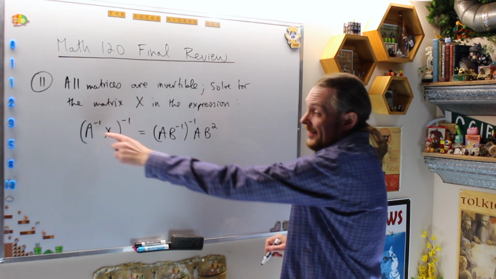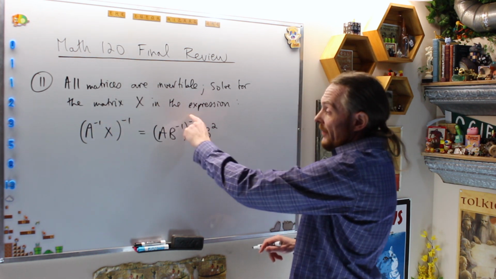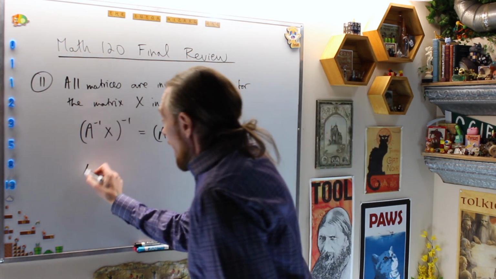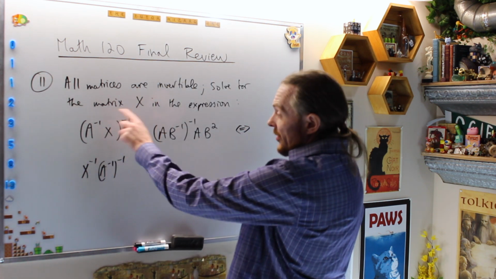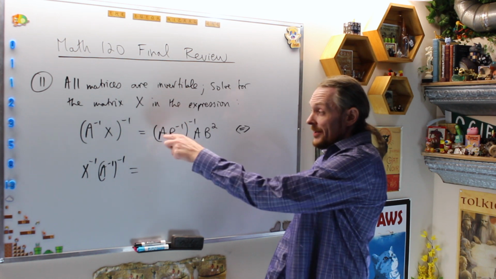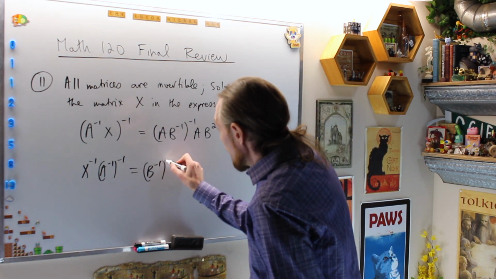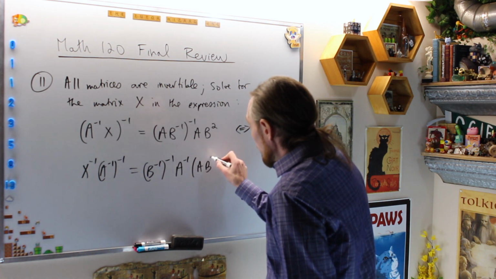The first thing that I'm going to deal with on both sides is I have the inverse of the inverse, and technically I'm going to write it as just applying this rule, the inverse on both sides. So this is if and only if X inverse A inverse inverse equals the same thing here. I can distribute this inverse, but it flips the order of them. If and only if B inverse inverse is equal to A inverse times AB squared.